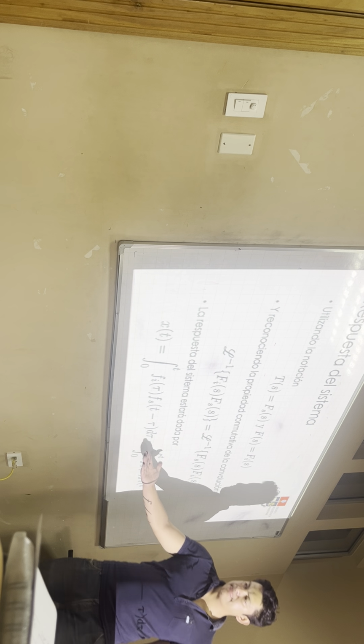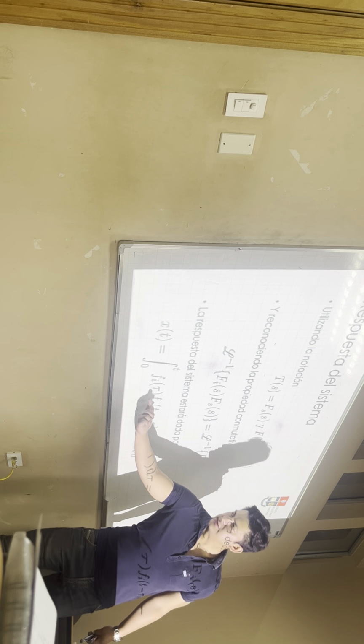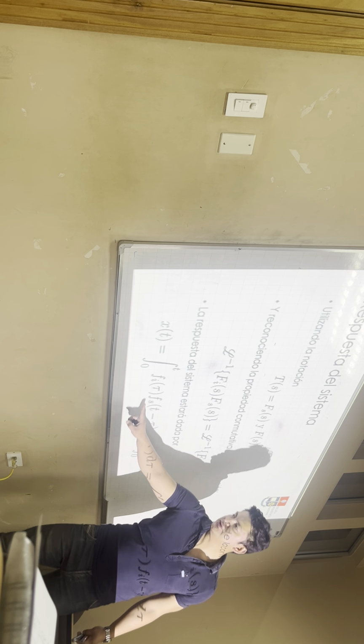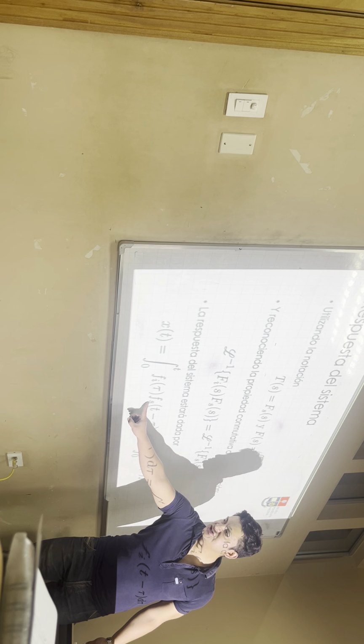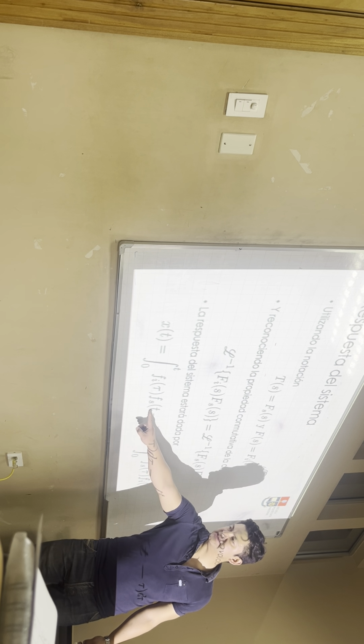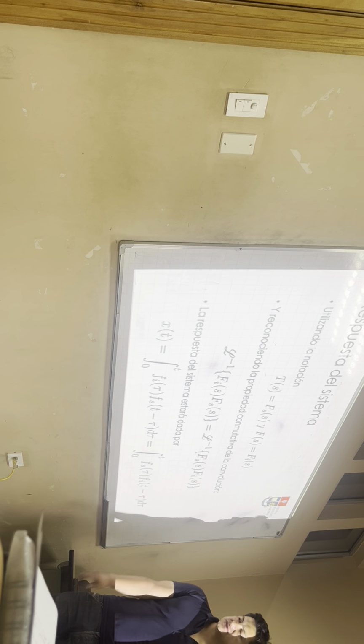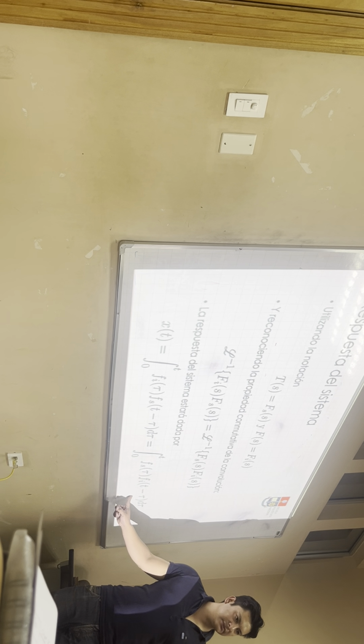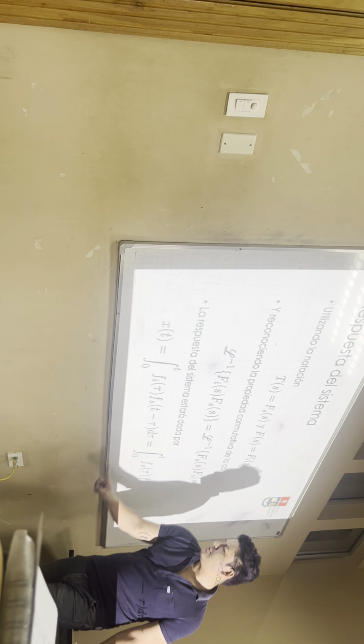Therefore, the response of the system is going to be given by this: the function in time domain evaluated at tau of the input times the function of the system evaluated at t minus tau. Or you can express this the other way around: the input and the system, or the system and the input. It's up to you which one you fix. It's clear for now.